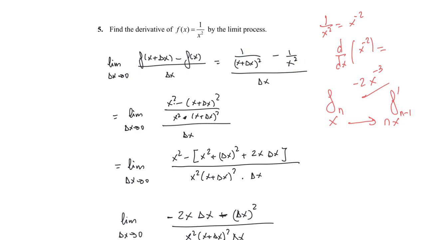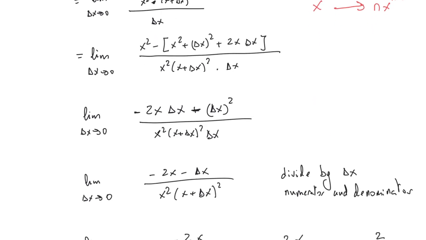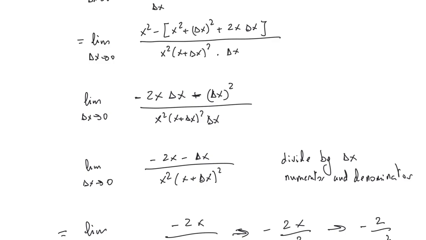Do a little bit of algebra, not difficult algebra, and you will arrive at this expression: minus 2x delta x minus delta x squared divided by all this expression.